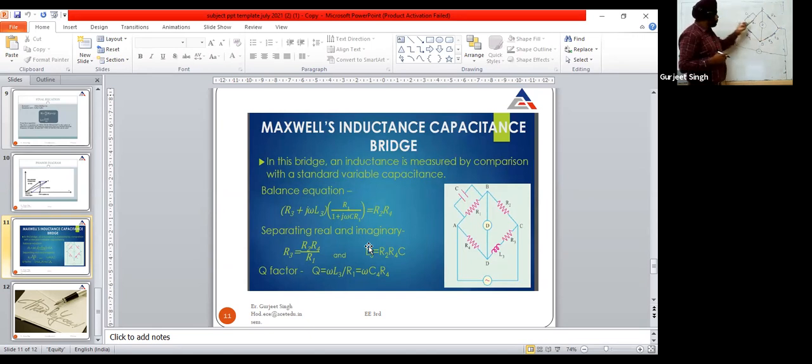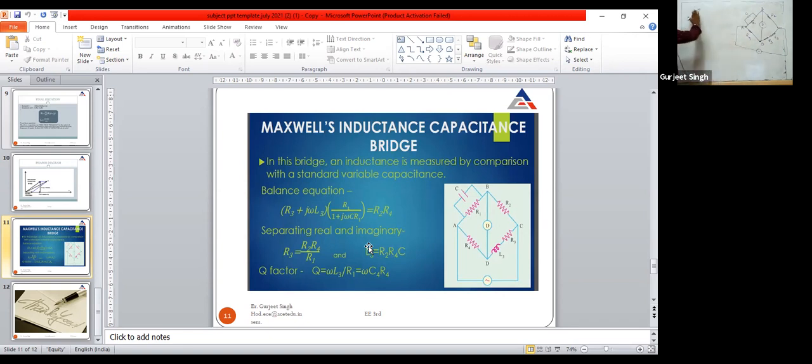Then we separate the real part and the imaginary part, and then find the values of L3 and R3.